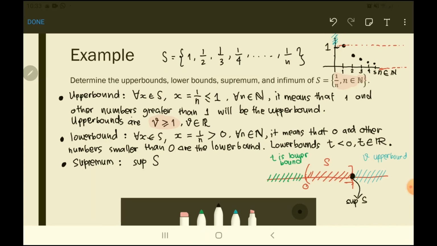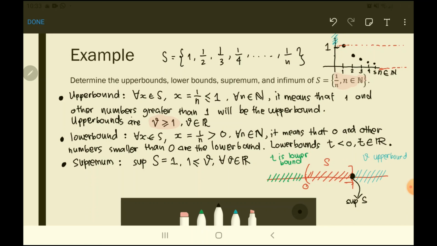Why? Because the supremum of S is 1, because 1 is less than or equal to phi for all phi an element of the real numbers. So for all phi, 1 is the least of all.